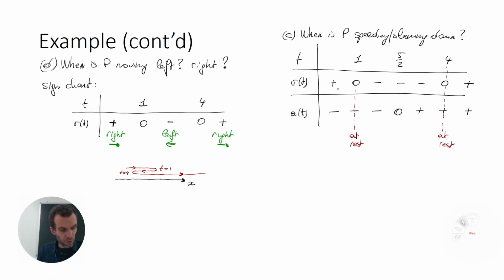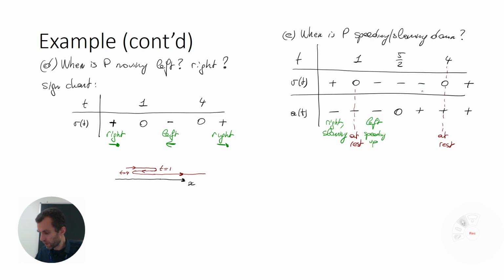And then below t equal to 1, the velocity is positive, so it's moving to the right, but it's slowing down because the acceleration is in the opposite direction. So it's going to the right and it's slowing down. And then between t equals 1 and t equals 5/2, the particle is going to the left because the velocity is negative. And the acceleration is also negative, so it's speeding up.